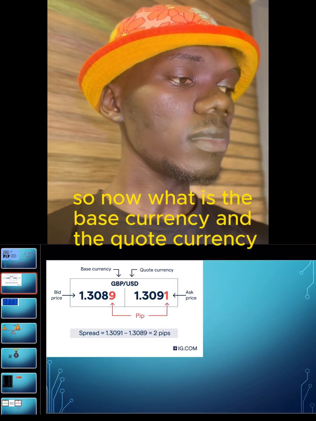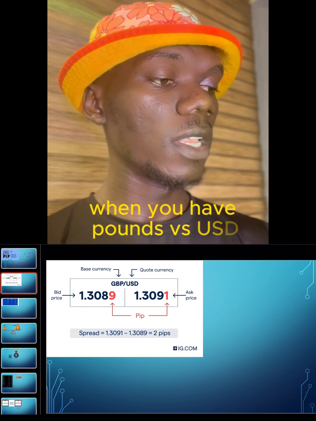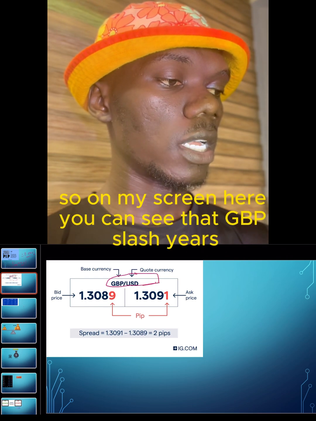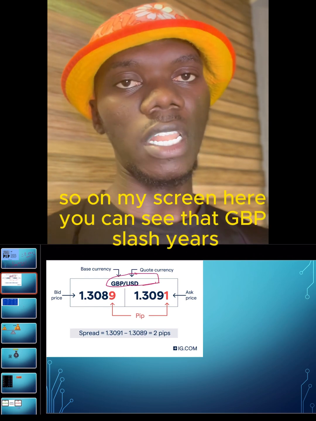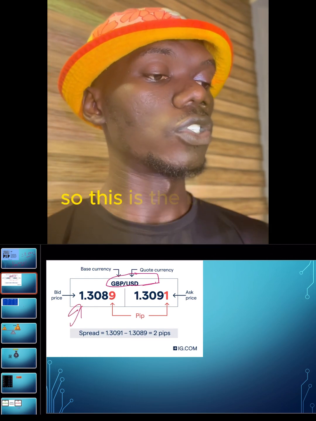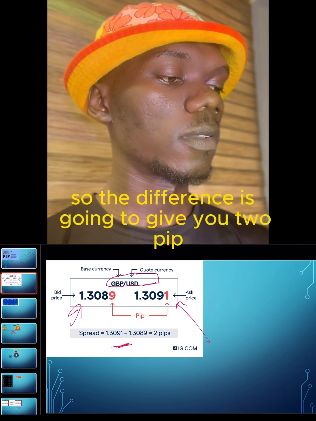So now, what is the base currency and the quote currency? When you have pounds versus USD, on my screen here, you can see GBP slash USD, that's Great Britain pounds by United States dollar. So this is the bid price and this is the ask price. So the difference is going to give you 2 pips.